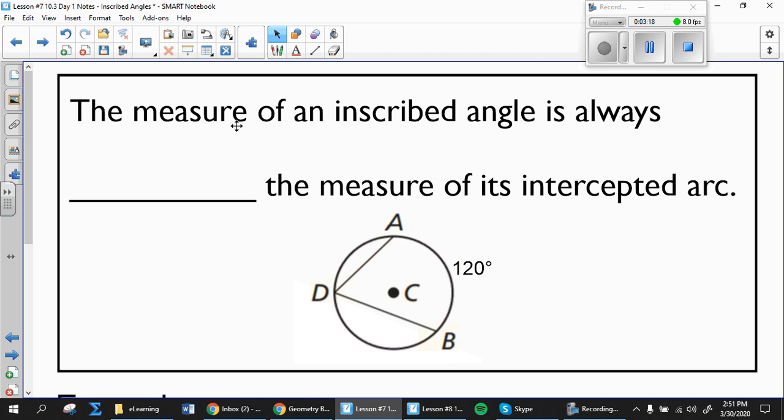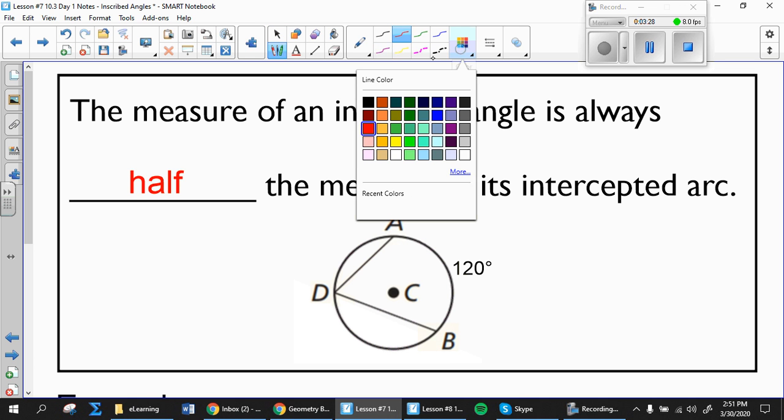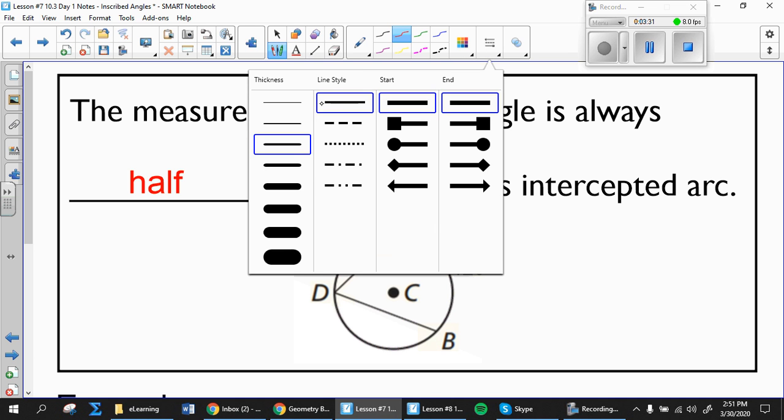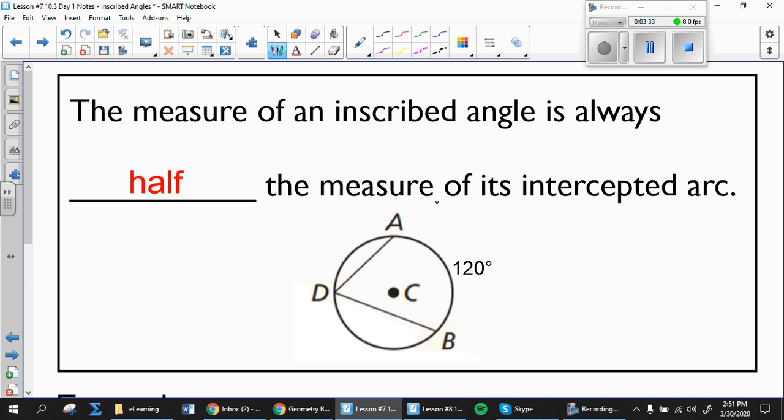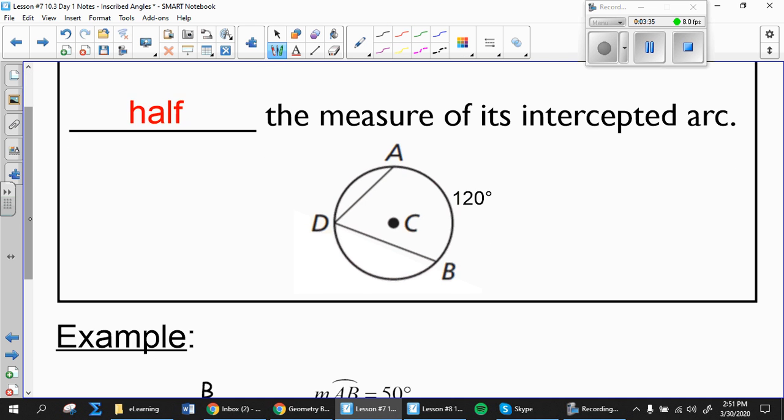Now we have this property for this inscribed angle. It says the measure of an inscribed angle is always half the measure of its intercepted arc. So what we're saying here is if I have this circle right here, and we have this inscribed angle right here, this is the intercepted arc we just talked about.